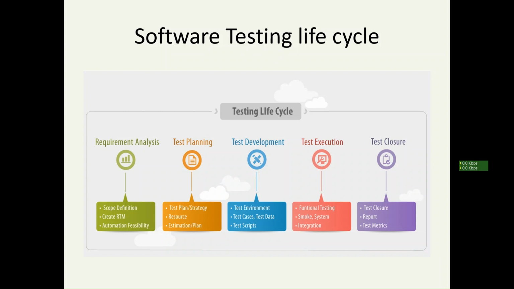Next is test design, that is nothing but test development, where we set up the environment and write test cases. We'll see that in detail later. Next is test execution, and the last one is closure. These are the five phases the life cycle undergoes. From the start of testing till the end of testing, the phases it undergoes are called the software testing life cycle.